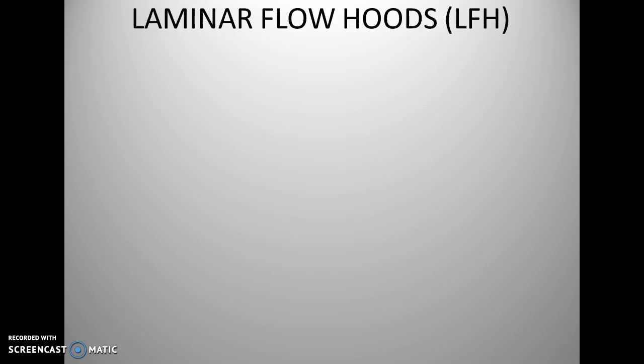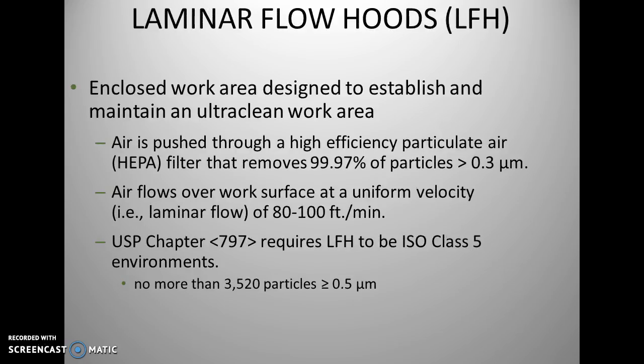Okay, let's look at a laminar flow hood. Again, you want this to be an ultra clean work area, and a laminar flow hood allows you to establish and maintain such an area. This is where air is pushed through a particulate filter, which is a high efficiency particulate air filter, and removes almost 100% of the particles over a particular size.